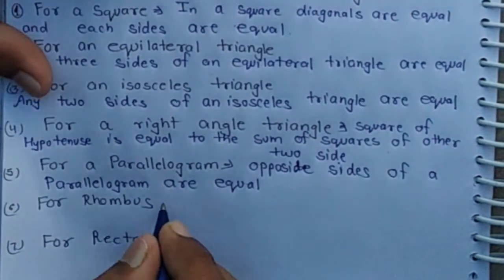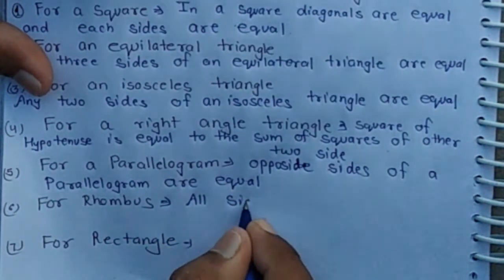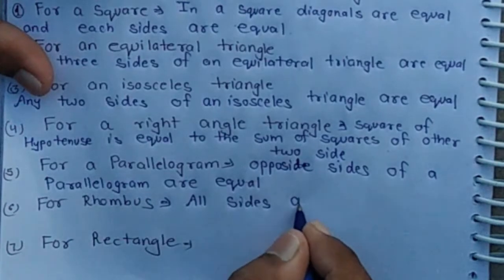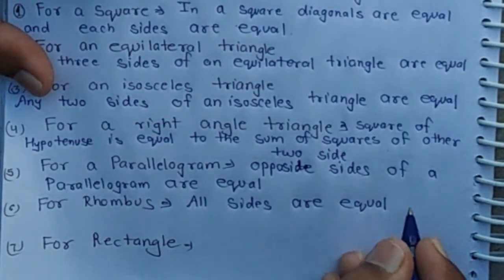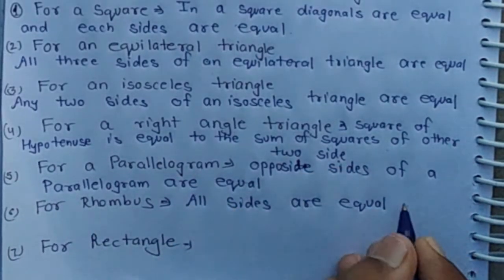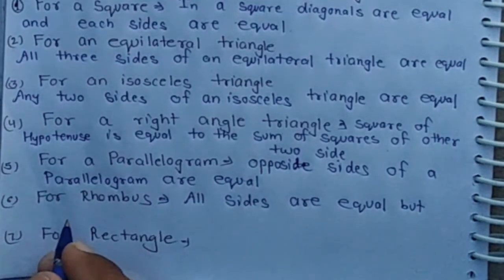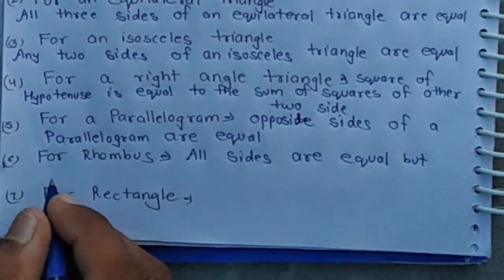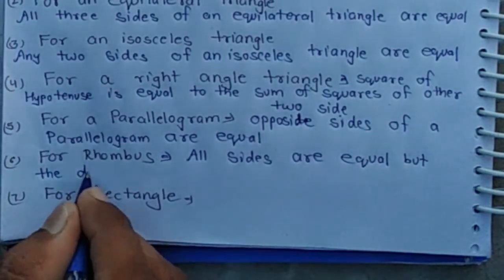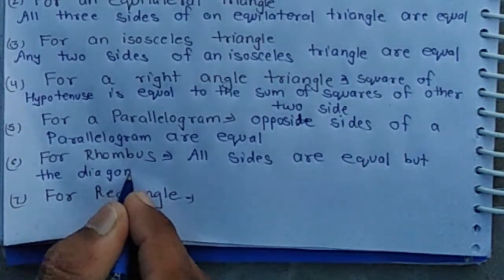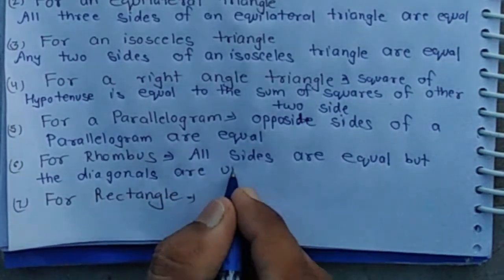For a rhombus, all sides are equal, but the diagonals are unequal.